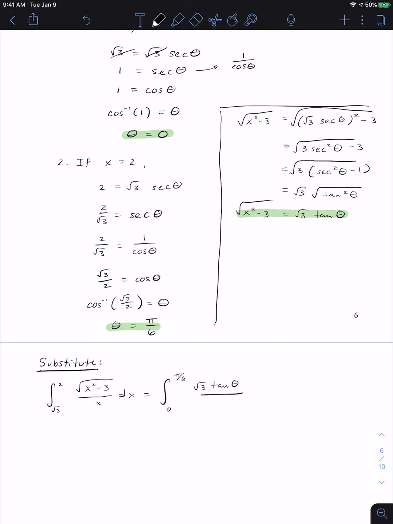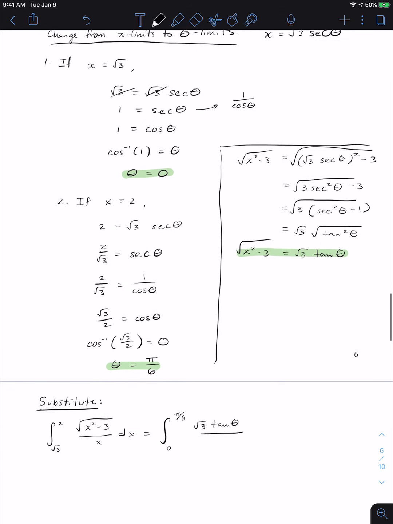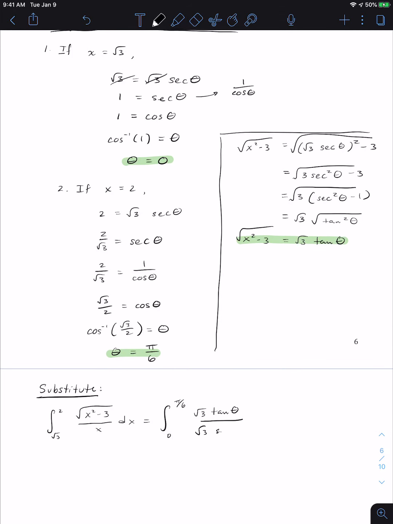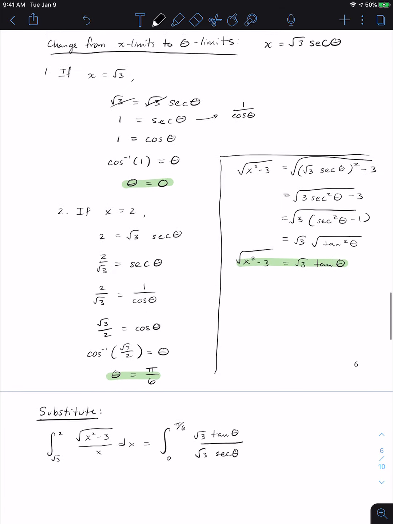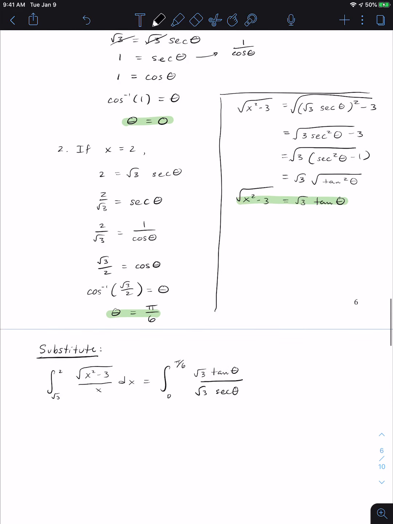Instead of x, what was x? That was radical 3 secant theta. And then instead of dx, I got radical 3 secant theta tangent theta d theta.